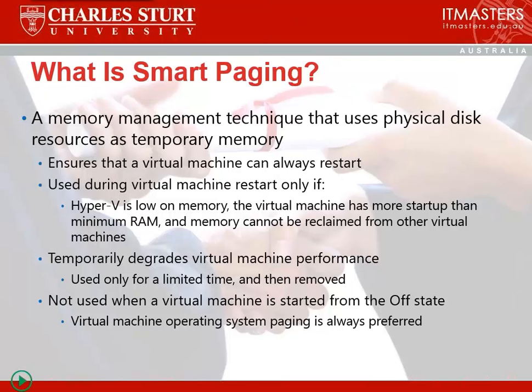And it's used during virtual machine restart only if Hyper-V is low in memory, or the virtual machine has more startup RAM than minimum RAM, and the memory cannot be reclaimed. So it is basically looking at the paging, and it is decreasing or increasing your RAM based on the general usage.